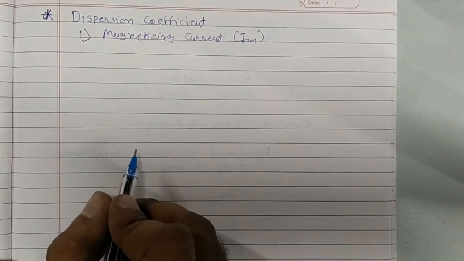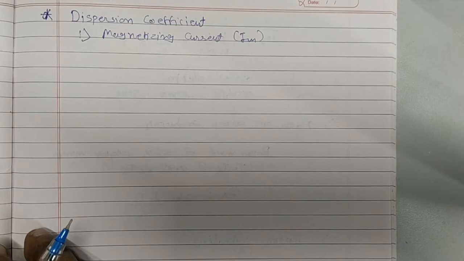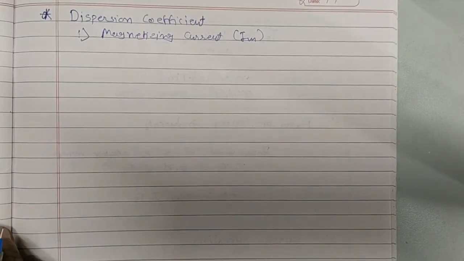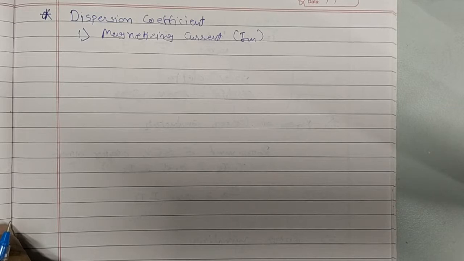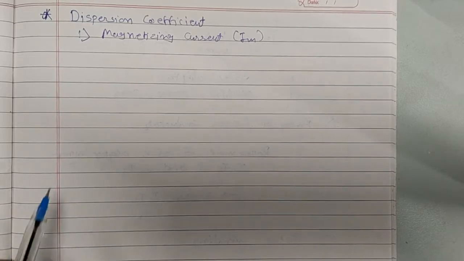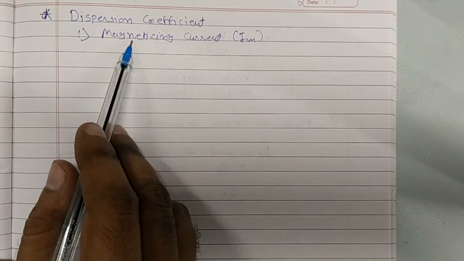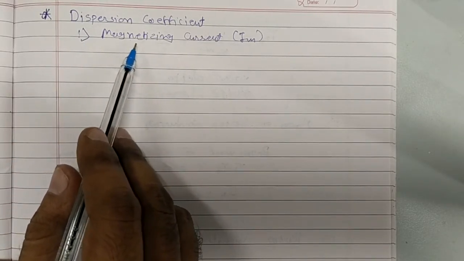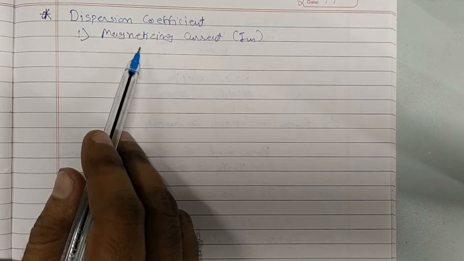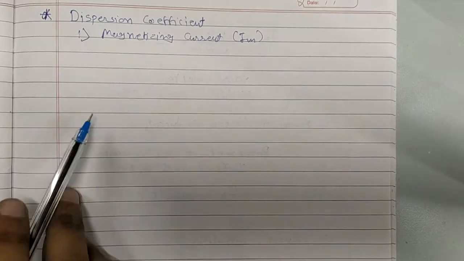If the magnetizing current of a motor is increasing, then its power factor is decreasing. You know the relation between the magnetizing current and the no load current.